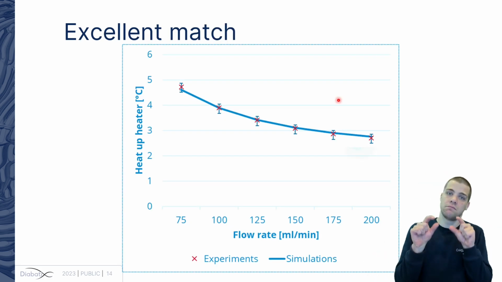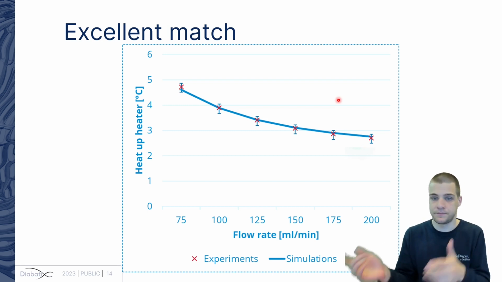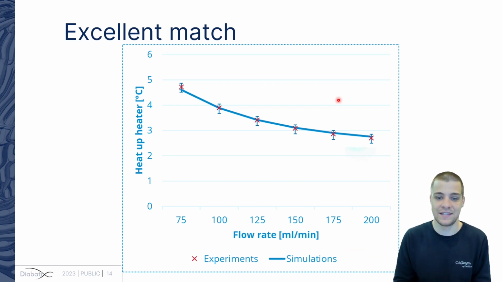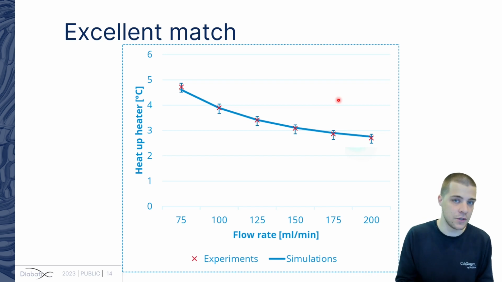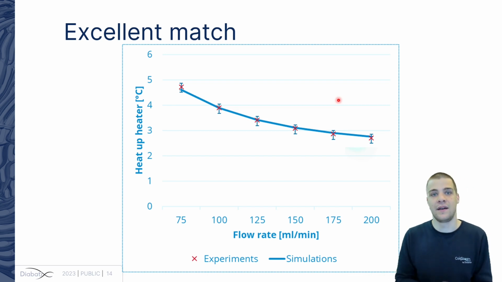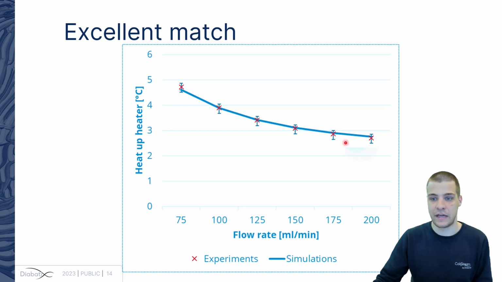So a little under 1.8 microns can accommodate for a 1 degree heat up. In the simulations, we assumed perfect contact area. Of course, in the real experiments, there will always be some air gap. And if you accommodate for that, we see an excellent match between the experimental results, the red crosses, and the blue simulation data.